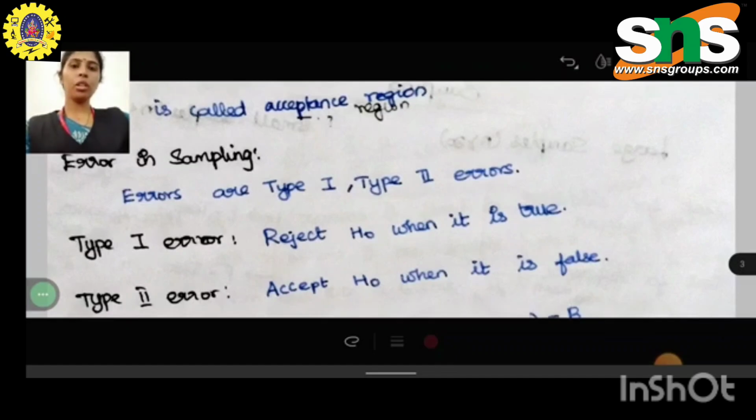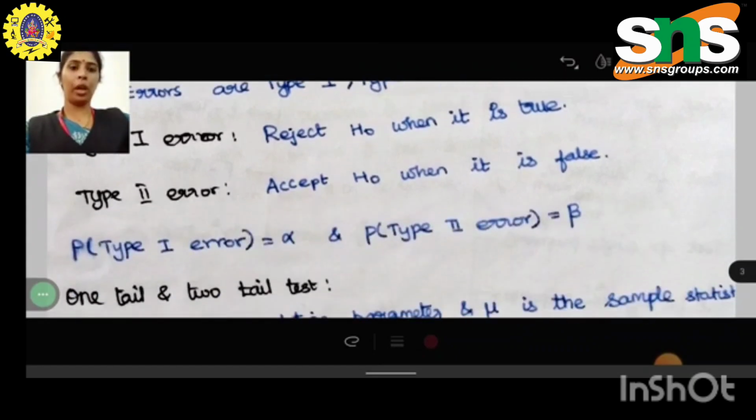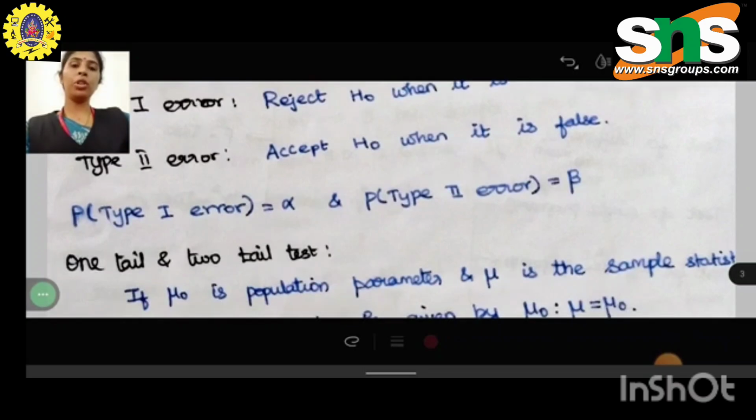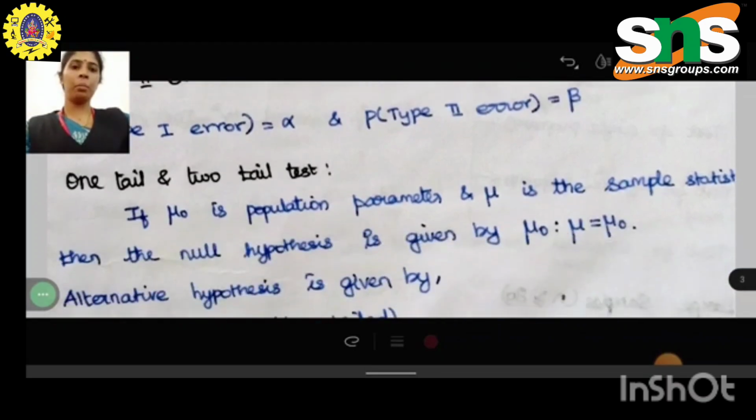So when H naught is false, and if we accept it or assume it as true, then it leads to an error called type 2 error. We denote the type 1 error by alpha, and we denote the type 2 error by beta.